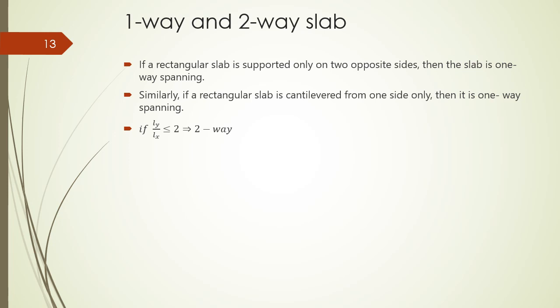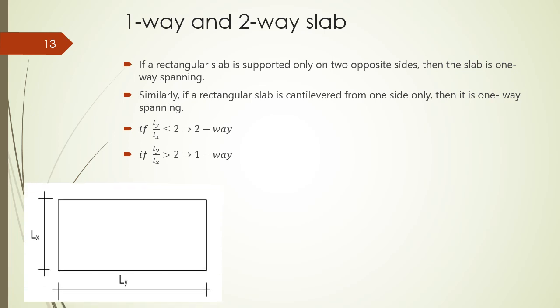We'll have to look at the ratio of the longer side to the shorter side. If the ratio of the longer side Ly to the shorter side Lx is less than 2, then that is considered a two-way slab. If the ratio of the longer side Ly to the shorter side Lx is greater than 2, that is considered one-way.